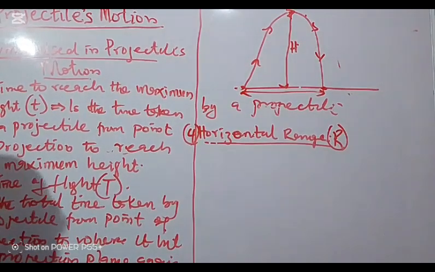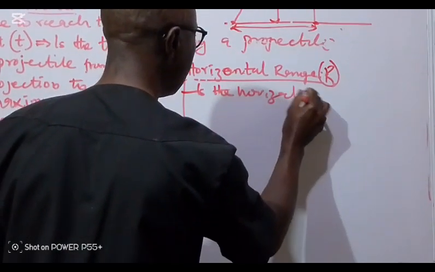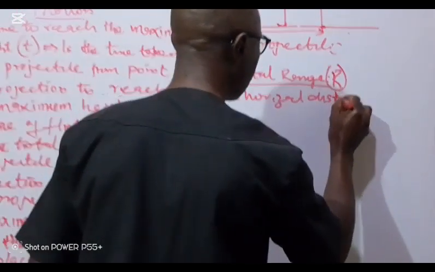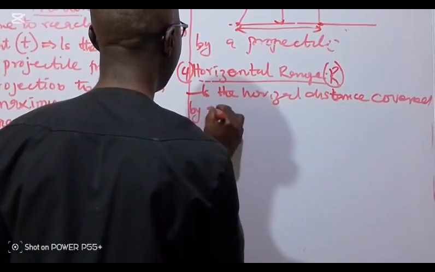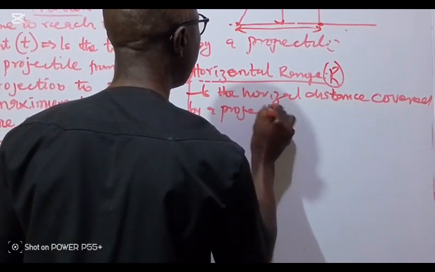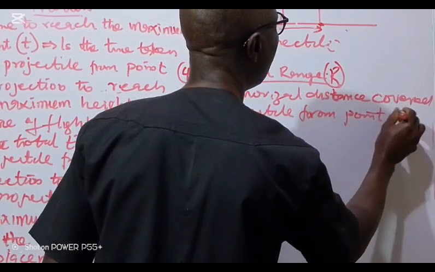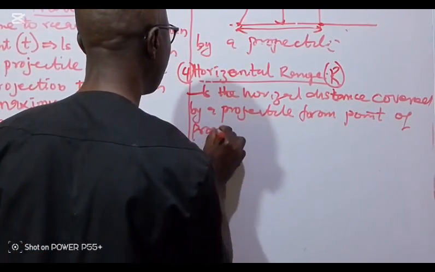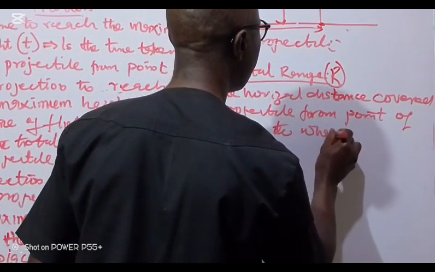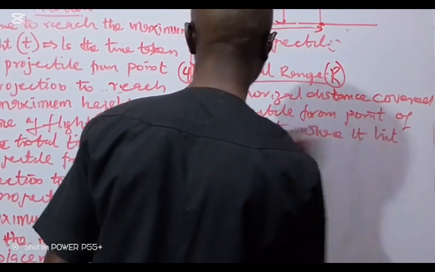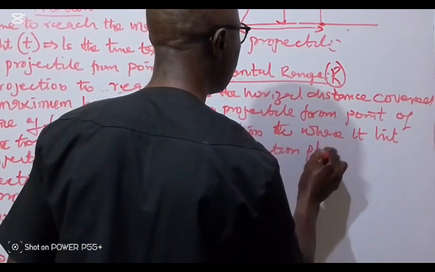So, it is the horizontal distance covered by a projectile from point of projection to where it hits the projection plane again.